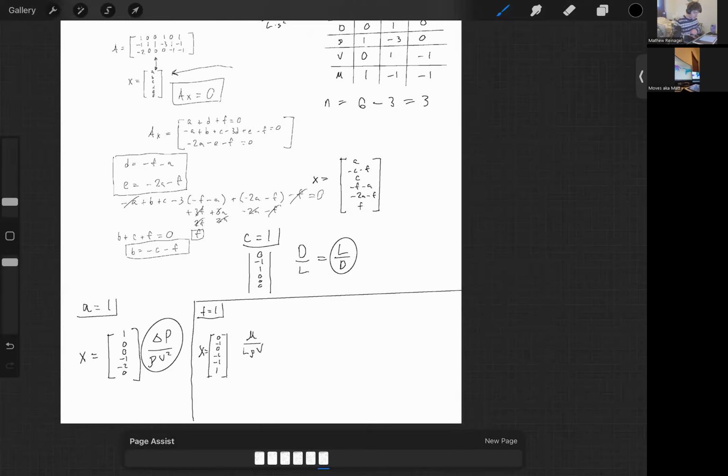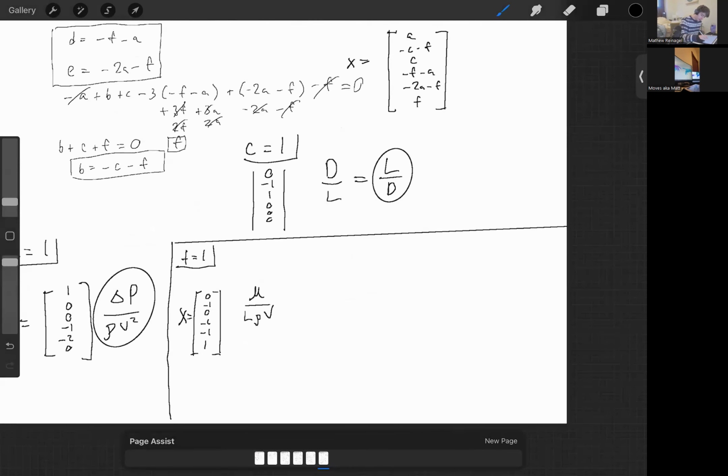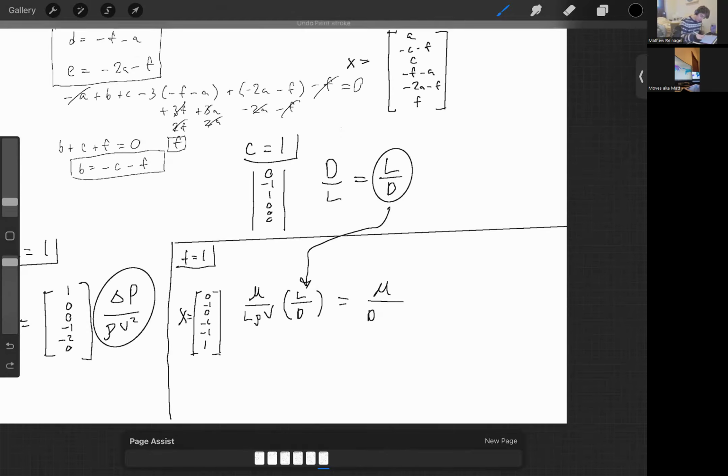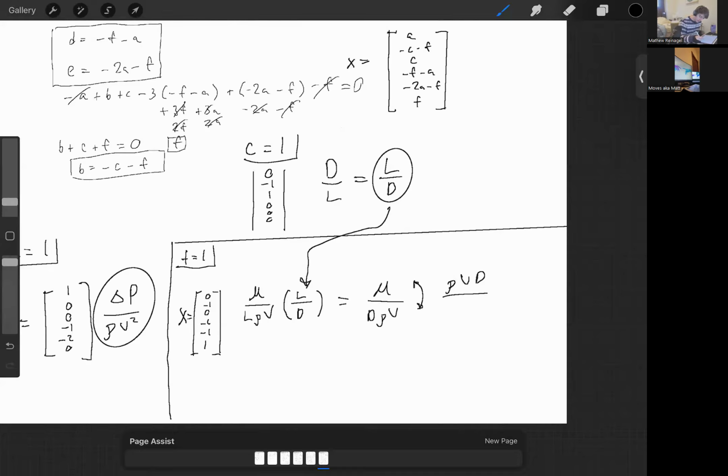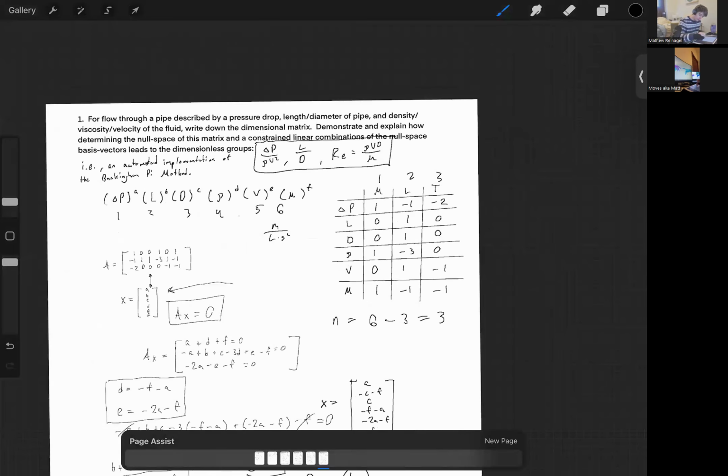So what I can do is take our dimensionless property that we solved for over here and multiply by L over D, and this would give us mu over D rho pressure and velocity. And now if we flip the reciprocal here, we get pressure, velocity, diameter over viscosity, which, if you look, was the Reynolds number that we were trying to solve for.